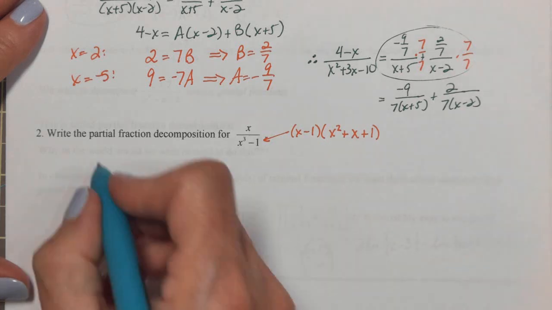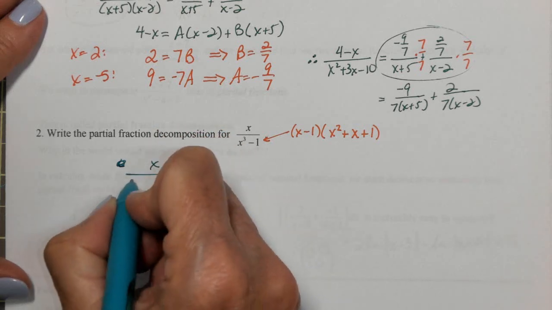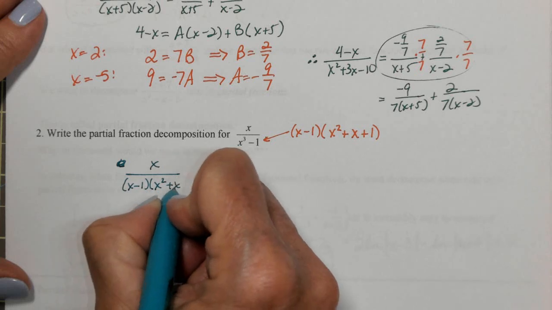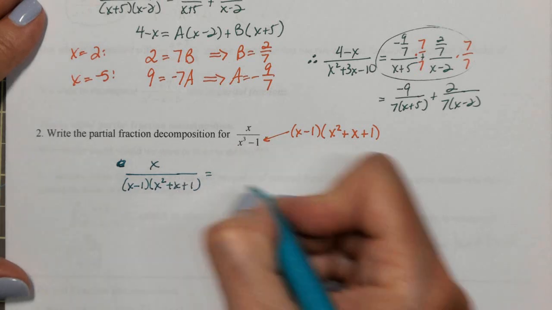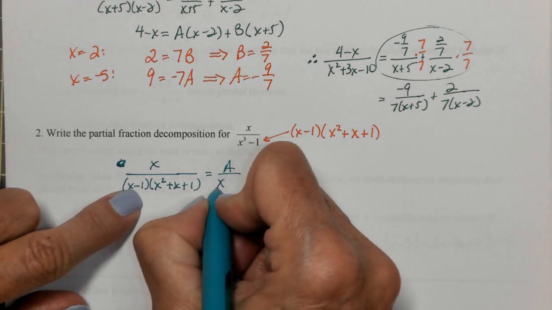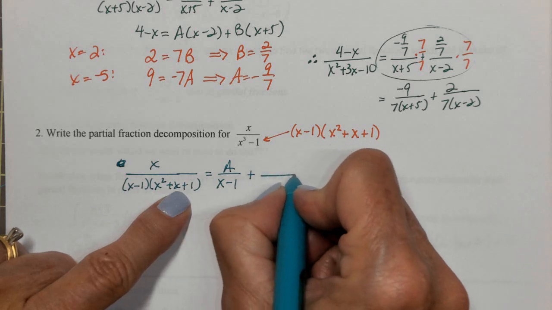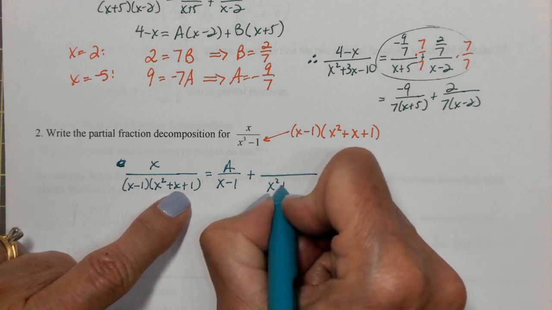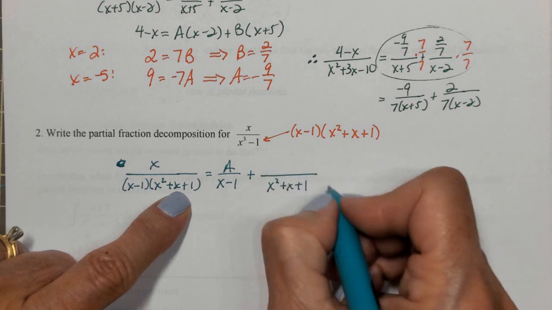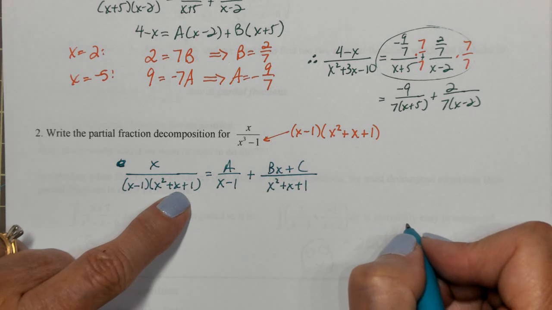So when I write x over x minus 1 times x squared plus x plus 1, I'm going to have two factors, A over x minus 1 plus, okay, since my denominator is quadratic, I could have a linear numerator, Bx plus C. Alrighty?